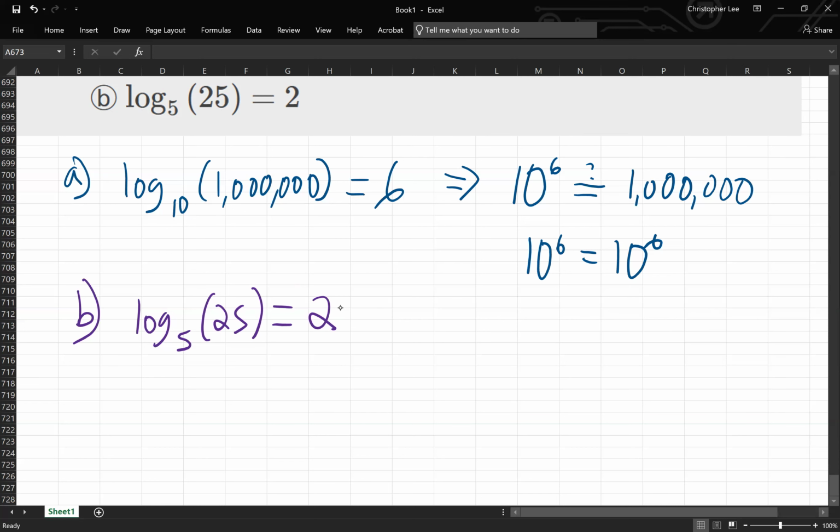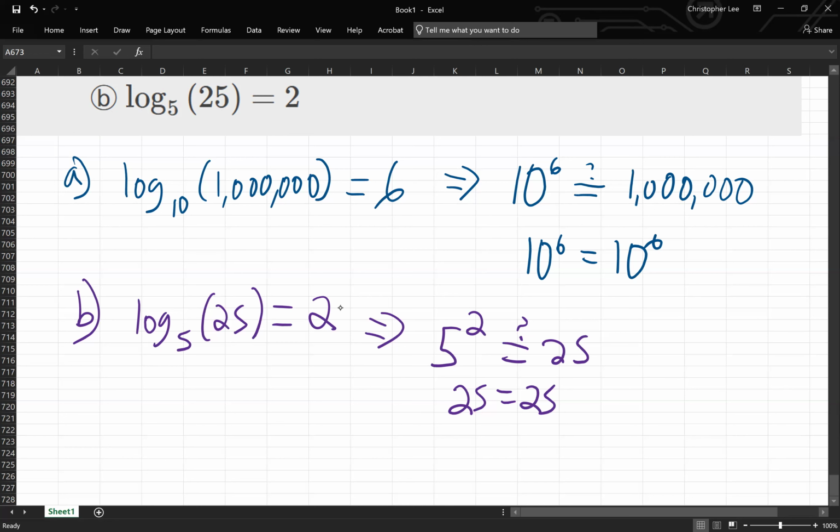So 5 raised to the 2nd, and then 25 does equal that. Questions on this?